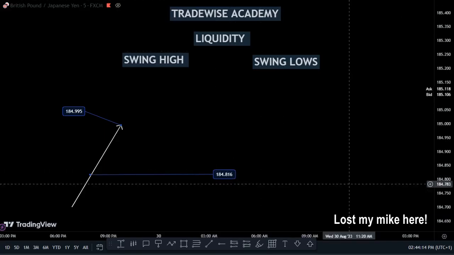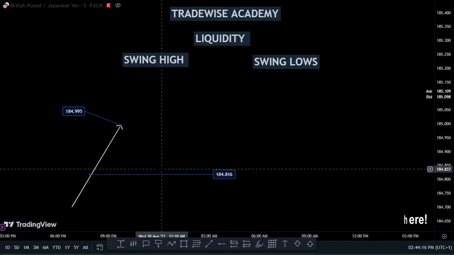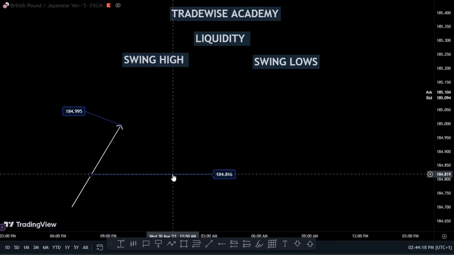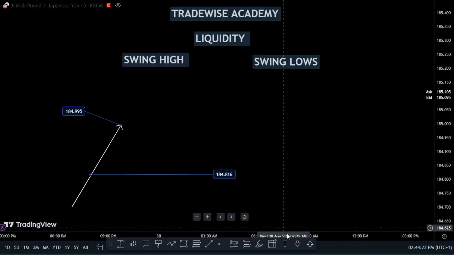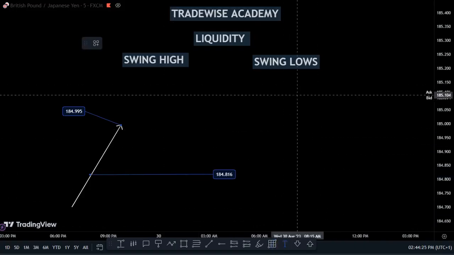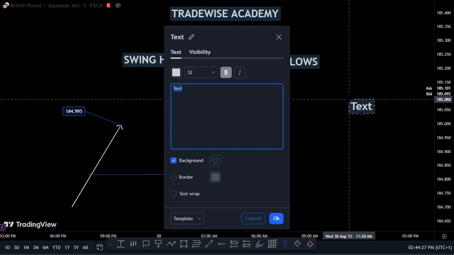Like I was saying, for the banks to purchase at this level, let's give a typical example. Say the banks want to purchase GBP, worth £1 million.